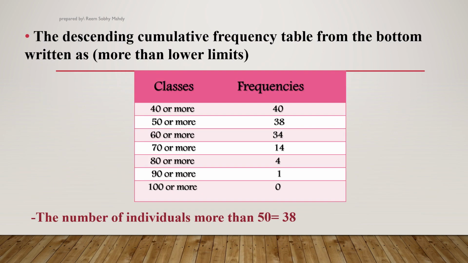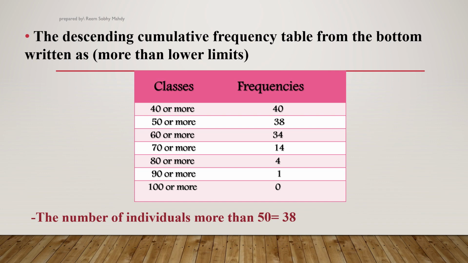The ascending cumulative frequency table starts from the upper limits of the classes, but for the descending cumulative frequency table we take the lower limit of the classes.